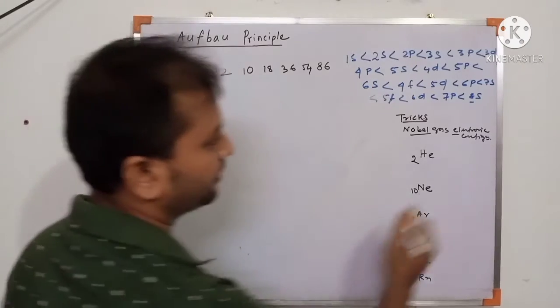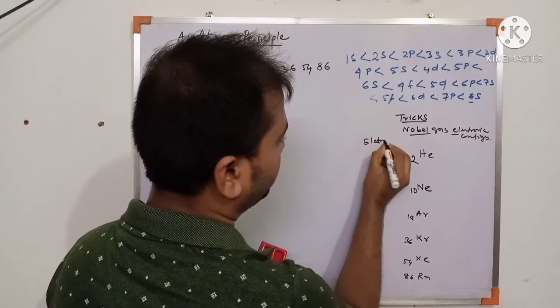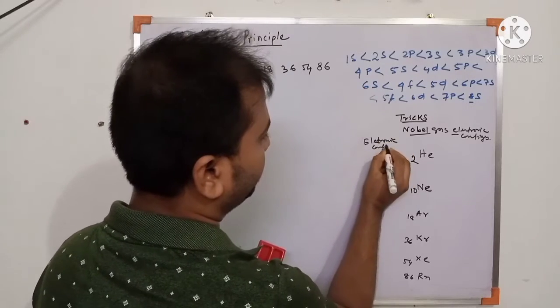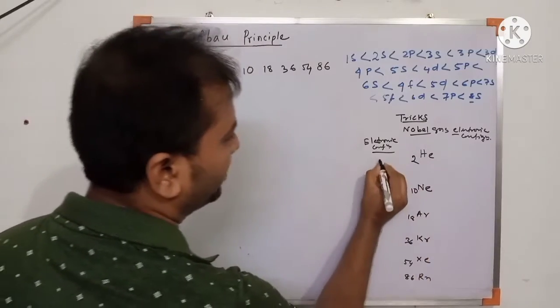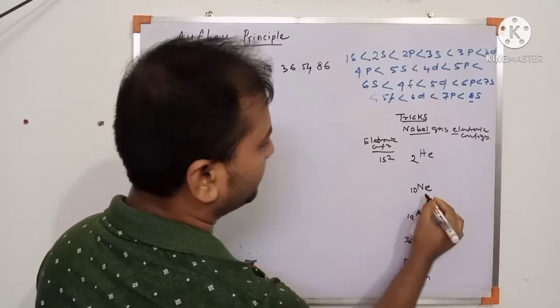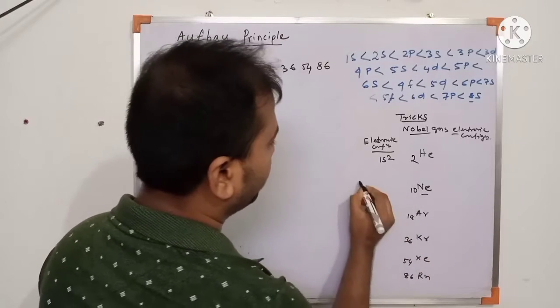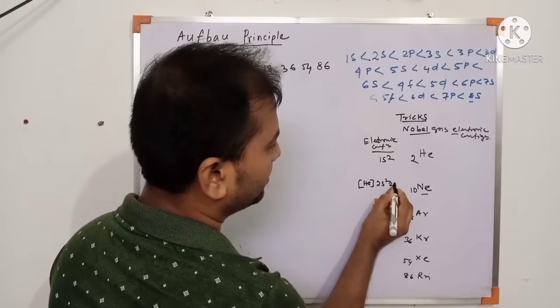Now the electronic configuration of the inert gases. Helium is 1s2. Second, neon, atomic number 10: first helium, then 2s2, 2p6.